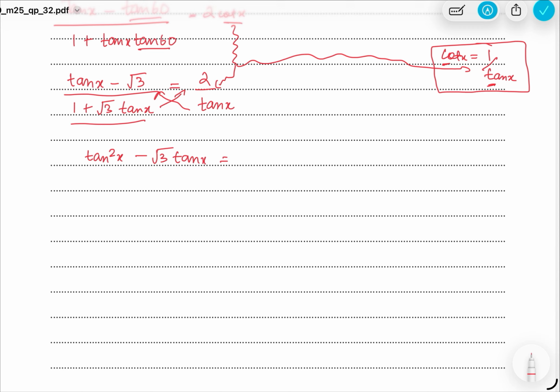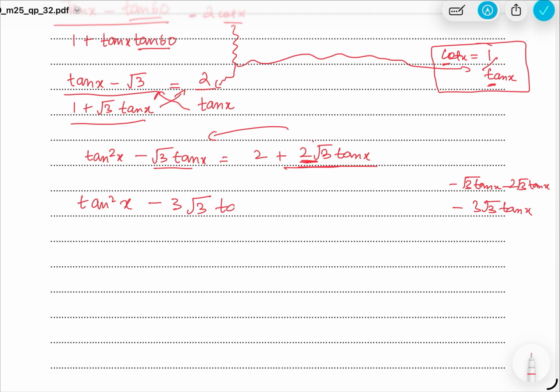So it will become like this: tan squared x minus root 3 tan x. Are you imagining it with me or not? Equals 2 plus 2 root 3 tan x. Okay, take everything to one side. So it will become tan squared x minus root 3 tan x minus 2 root 3 tan x, side changes, sign changes, so it will be minus 3 root 3 tan x minus 2 equals 0, right?